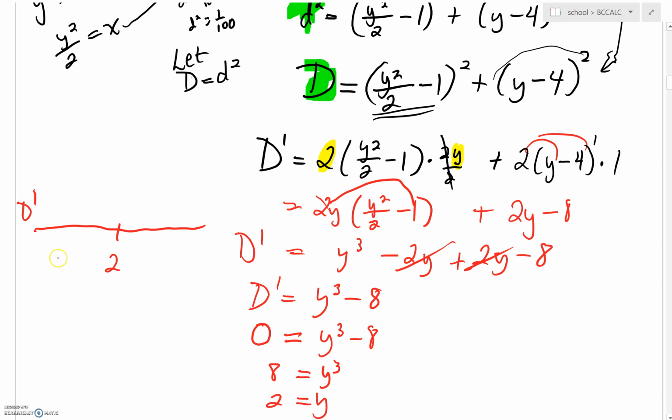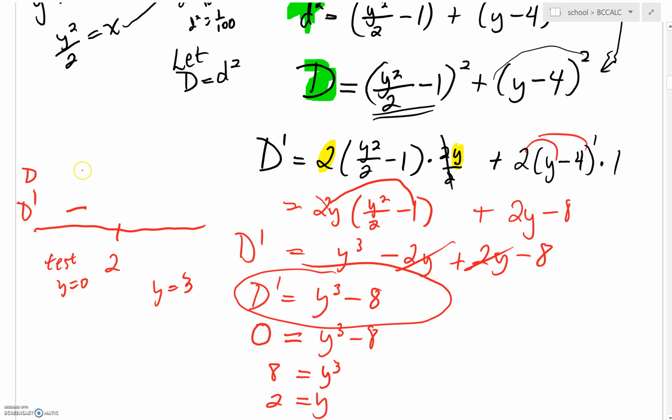And maybe I could test y equals 0, maybe test y equals 3. And of course, I'm testing it into d prime. Plug in a 0, 0 cubed minus 8, you get something negative. That means capital D is decreasing. That also means little d is decreasing, if you think about it. Plug in a 3, 3 cubed is 27, 27 minus 8. You don't even have to know what the particular answer is, just as long as you know it's something positive.